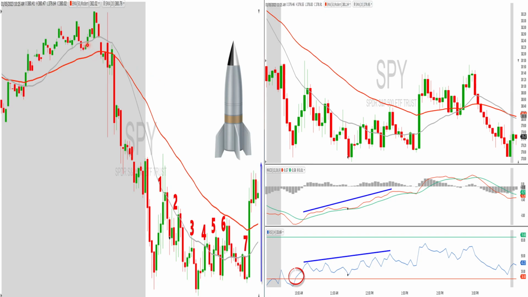Thursday. See this? Let's just pretend that this was a big pump and this is a big dump. A classic sign, and this happened Thursday the 5th, that it is trying to find the bottom is it keeps trying to take back the SMA 20 multiple times. You saw in the previous slide, it only tried once, twice, and then it gave up. It just kept falling.